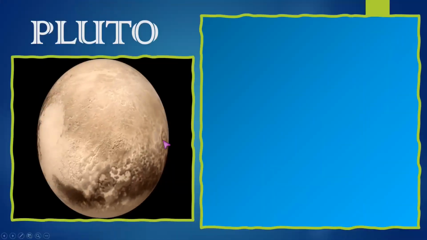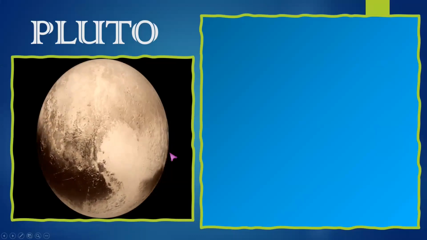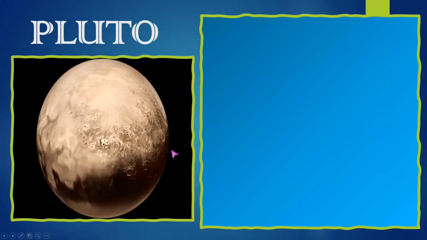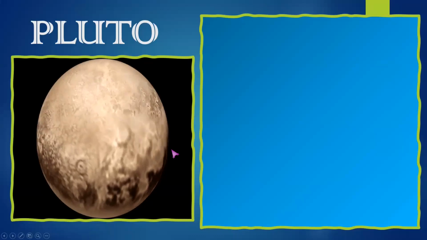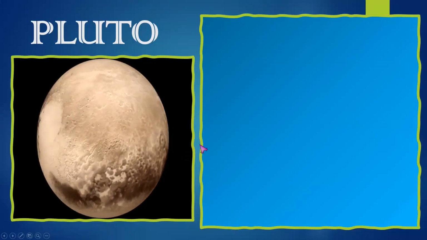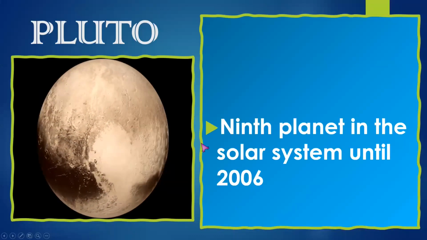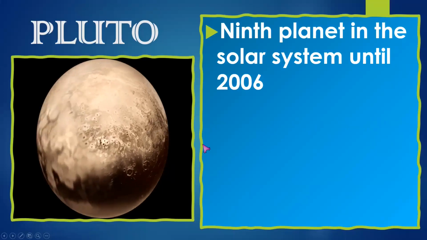So let's take a look, beginning with Pluto, which was formerly considered the ninth planet. Pluto was reclassified as a dwarf planet in 2006 by the International Astronomical Union, or IAU.